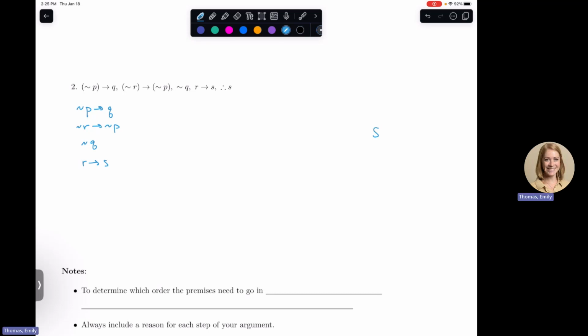Okay, so Charlotte's using the transitive property again, right? That's what you're doing. So the transitive property here says that not R actually implies Q.